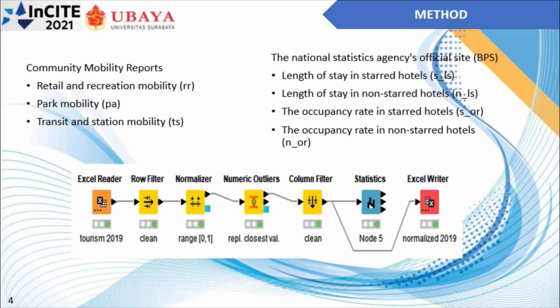We get 4 variables: length of stay in star hotels, length of stay in non-star hotels, the occupancy rate in star hotels, and the occupancy rate in non-star hotels. The figure exhibits a KNIME workflow to clean and normalize data.